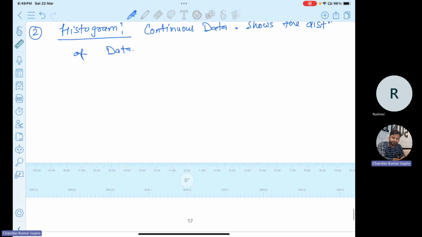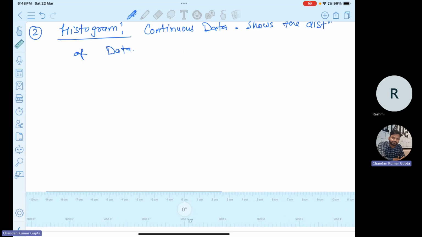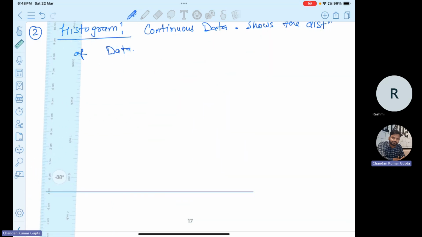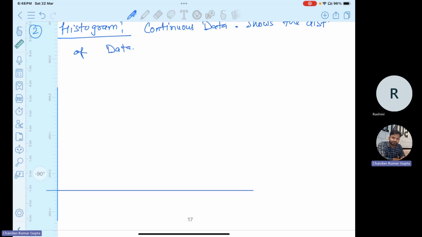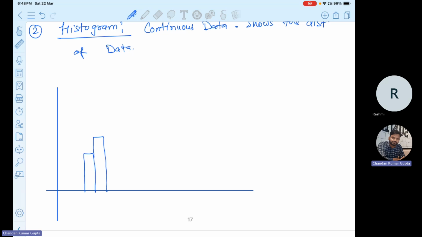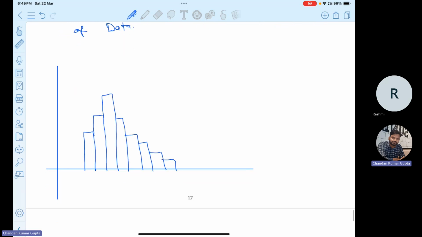Everyone knows what a histogram looks like. Suppose these are the histograms, with 10, 20, 30, 40, 50, 60, 70, 80, 90 and so on.